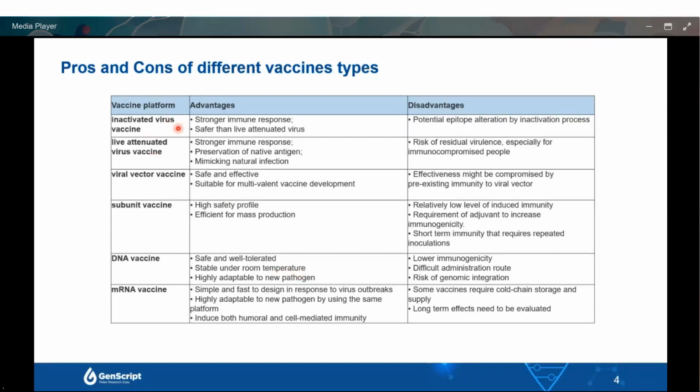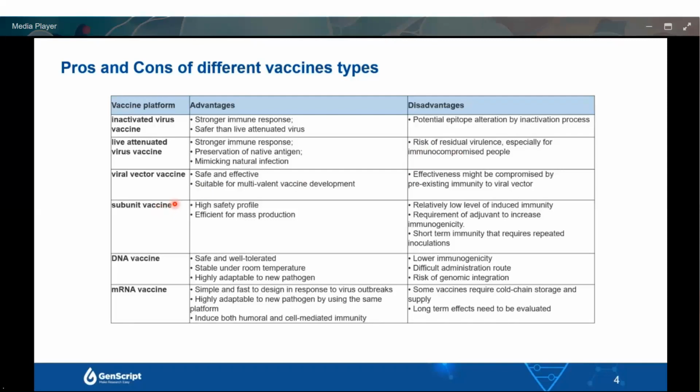For the virus-based vaccines, generally speaking, the advantage is that they have a stronger immune response. But the disadvantage is, for example, the live attenuated virus vaccine still has the risk of residual virulence, so it's kind of dangerous.